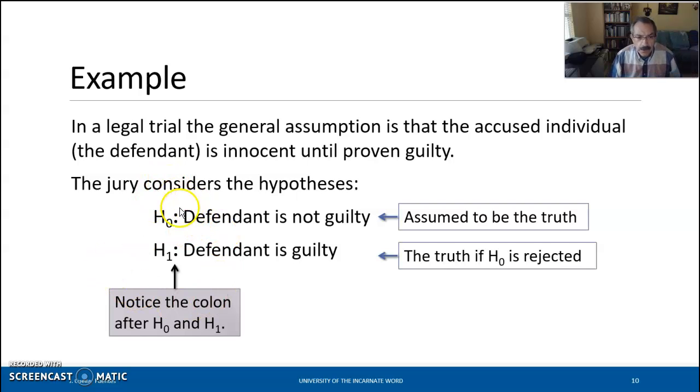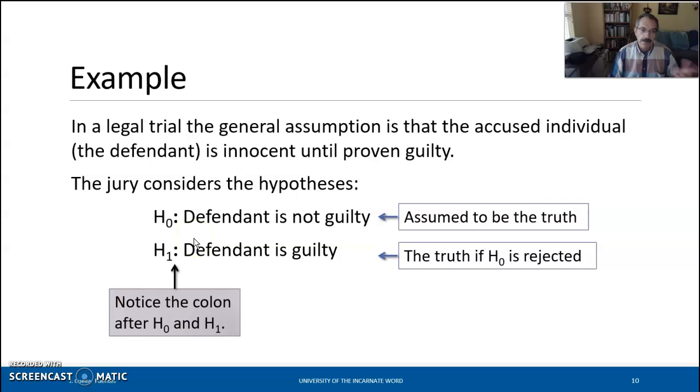All right, I want you to notice how we write the null and alternative hypotheses. We write H sub 0 and then use a colon to separate that from whatever statement represents the null hypothesis. The same with the alternative hypothesis: we write H sub 1 and then a colon, and after that we write the statement that corresponds to the alternative hypothesis.